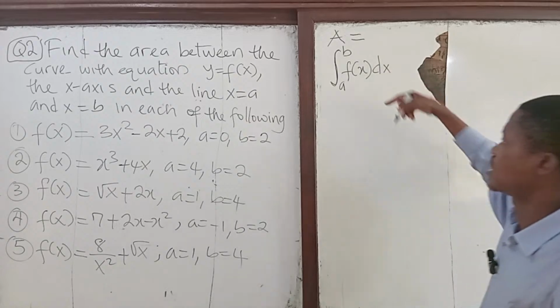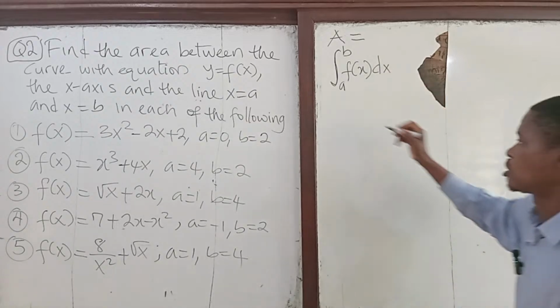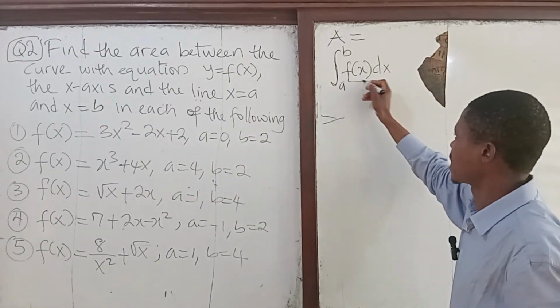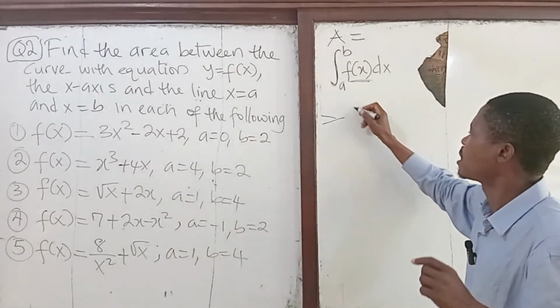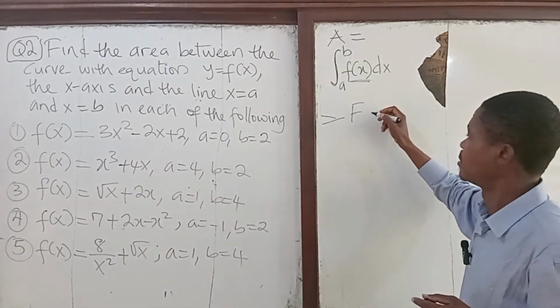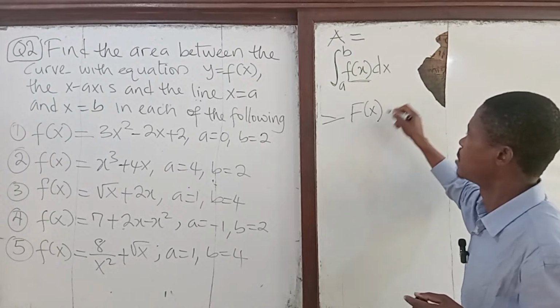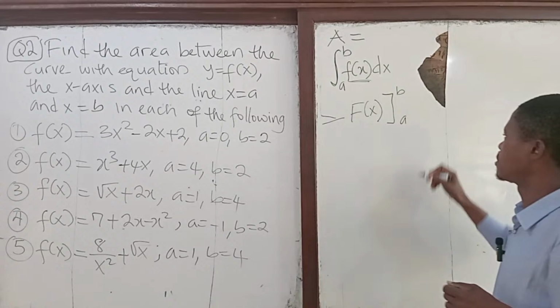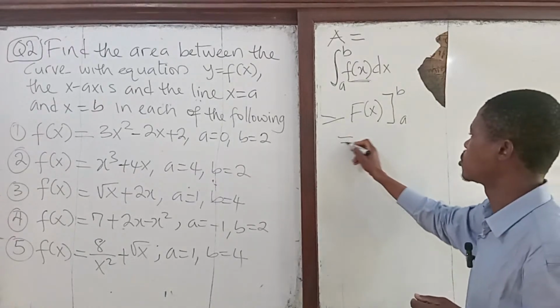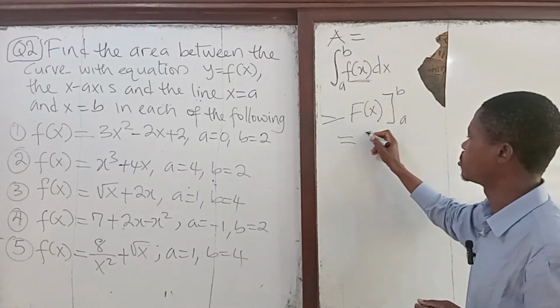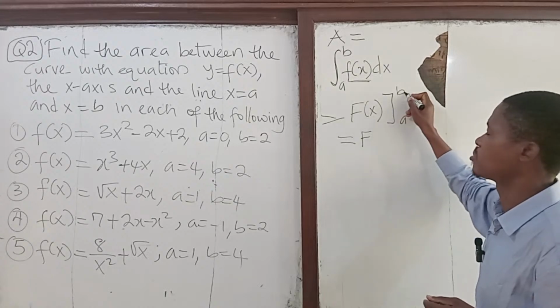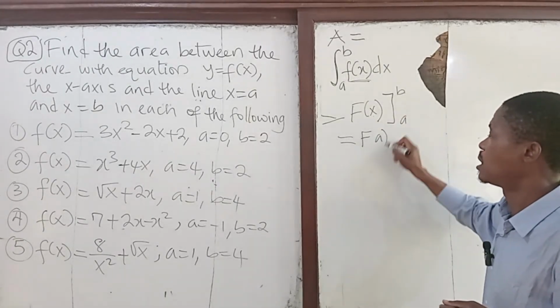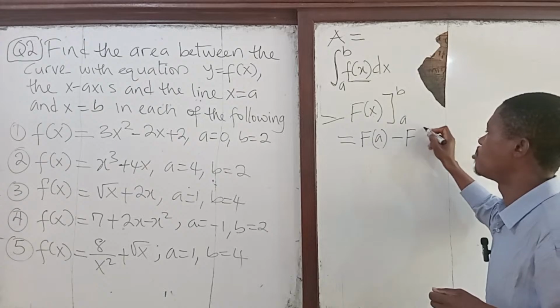I think I mentioned this procedure. When you integrate f of x, imagine that our answer is capital F of x. Then you indicate your upper and lower limits, and that will be equal to substituting the upper boundary wherever you see x, minus the lower boundary.